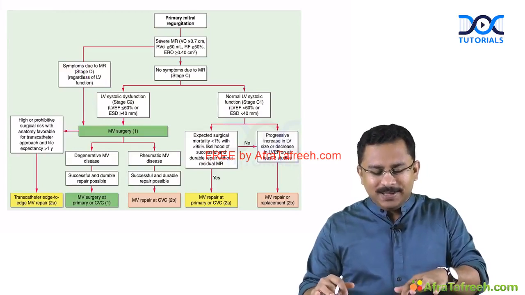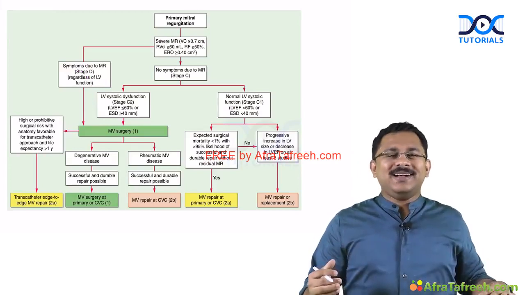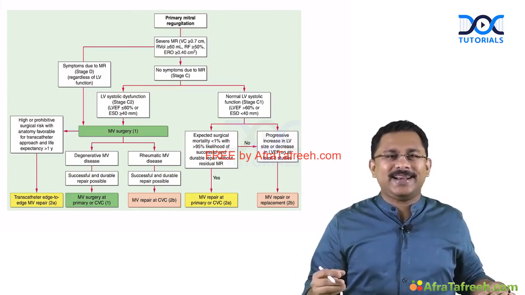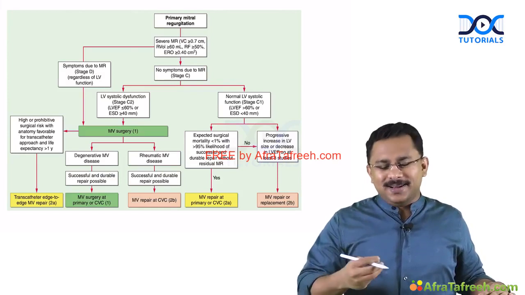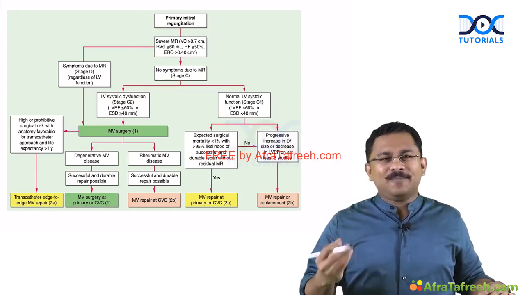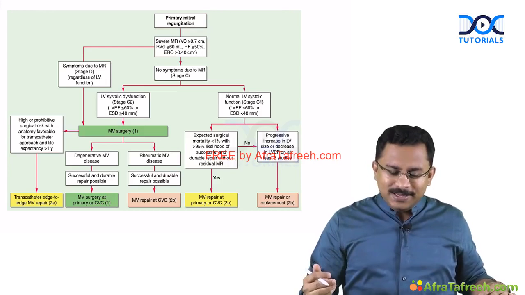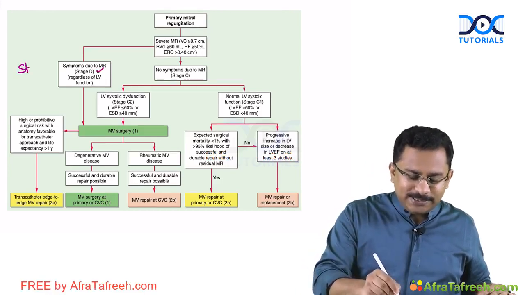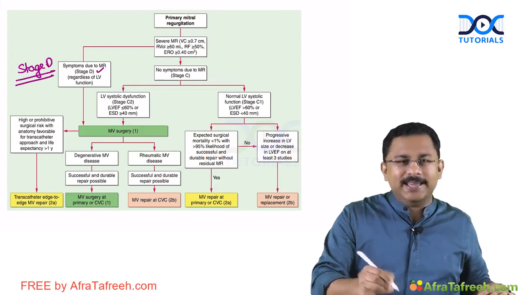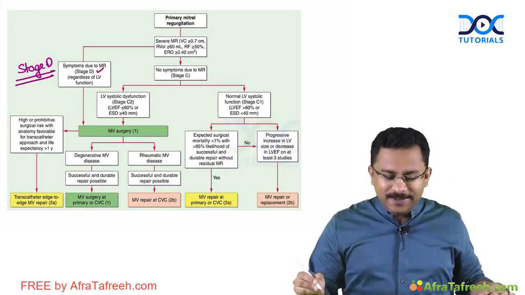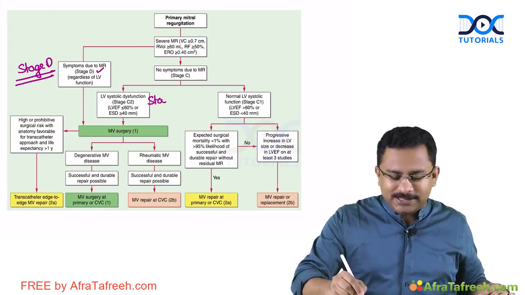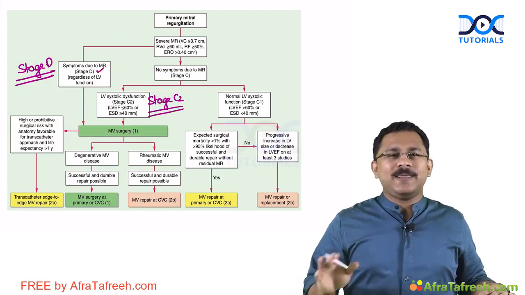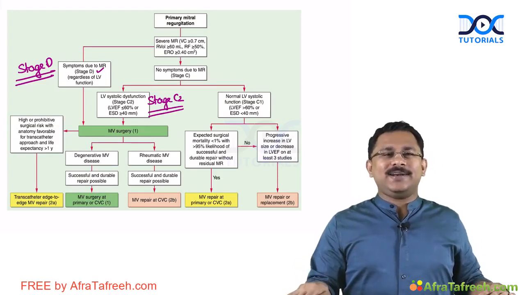And if you see, this is a flowchart from Harrison, basically from the latest guideline itself, on the management of patients with primary mitral regurgitation. So let me tell you, let's assume patients with stage D. In case of stage D, as well as patients with stage C2, definitely intervention is required.